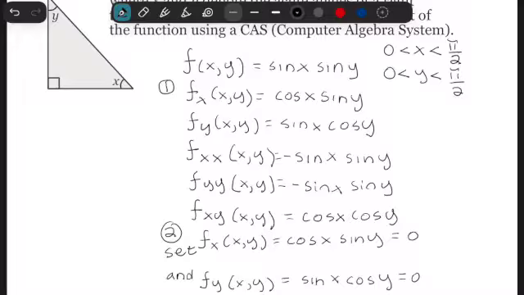All right, so just looking at the first quadrant, what would make this true for cosine x? That would equal 0 at x equals pi over 2, and then y would just equal 0. And looking at the other one, it would be the same thing, but flipped. So y equals pi over 2, and x equals 0.